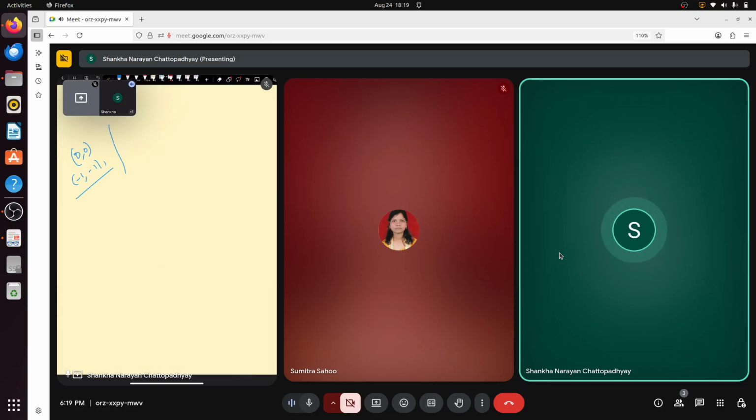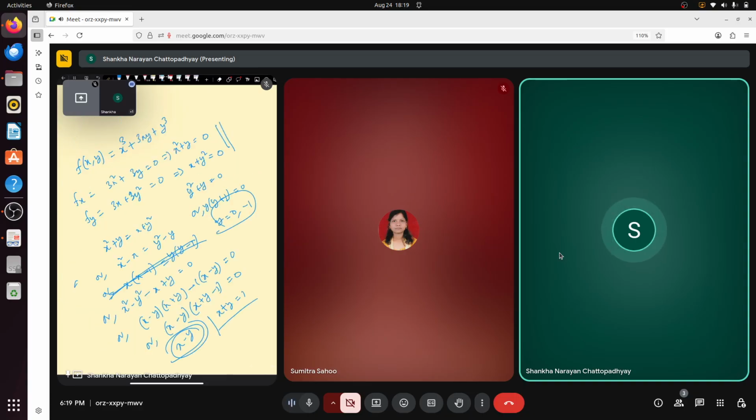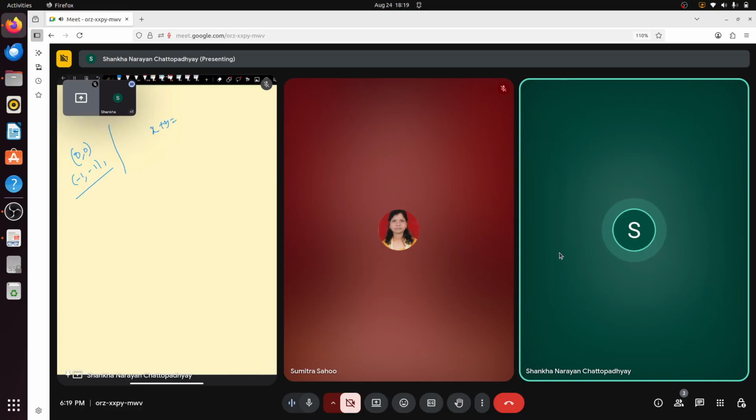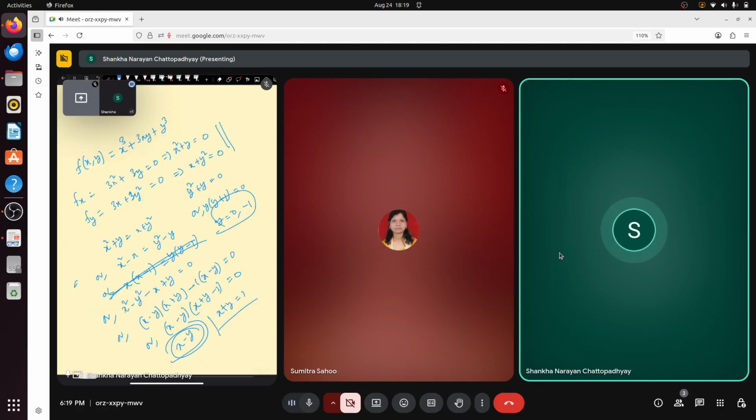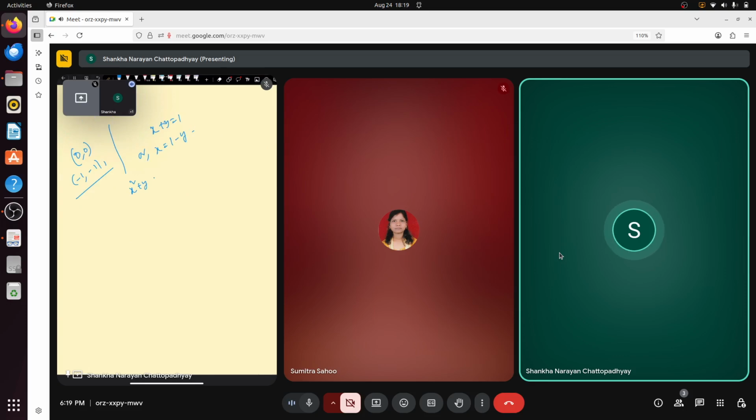Now another condition that you get is x plus y equal to 1. This will give you x as 1 minus y. Now in each condition you have x square plus y equal to 0. So if you put it here, (1 minus y) whole square plus y equal to 0, right? Now if you expand it, you will get 1 minus 2y plus y square plus y equal to 0.